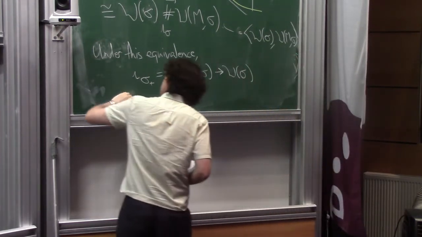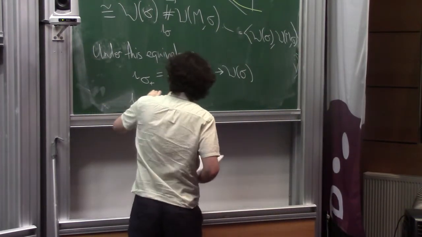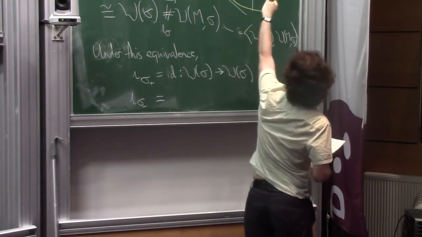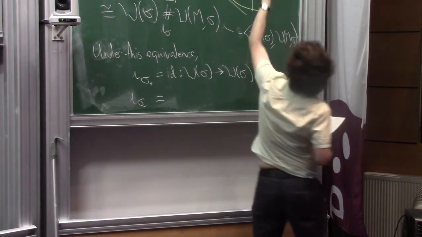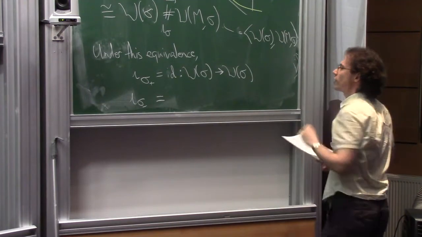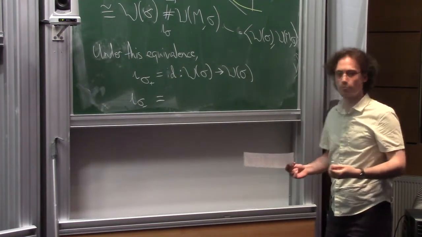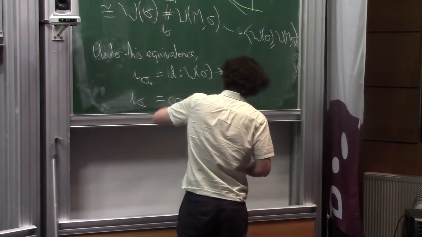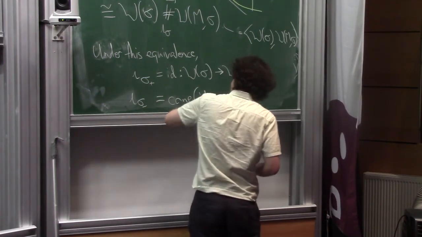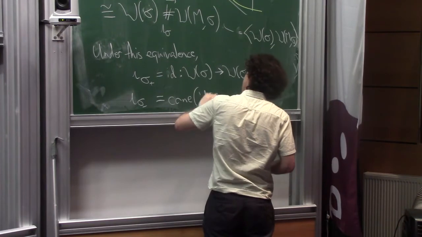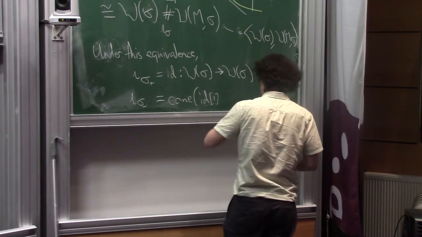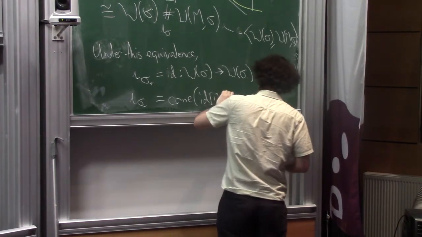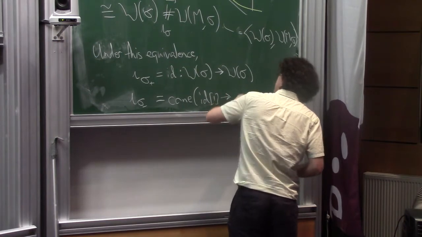I sigma plus is: take a Lagrangian in sigma, think of it as a Lagrangian in sigma plus, and cross it with gamma plus. I sigma minus is the same thing for minus. This is a cone of the identity with the shift. I think it's a shift by 1. I know it's a shift by 1 to I sigma.